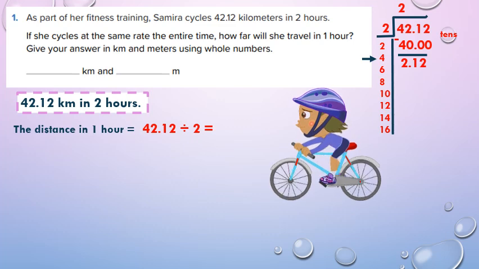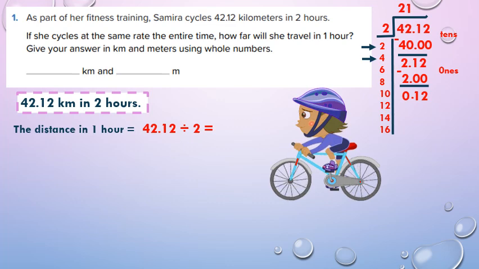2 in ones place. Yes, we have here 2. So we take apart 2 ones divided by 2 in the ones place equals 1. Then subtract 2 minus 0, 2, and 1 minus 0, 1. So 12, the answer will be 1200.